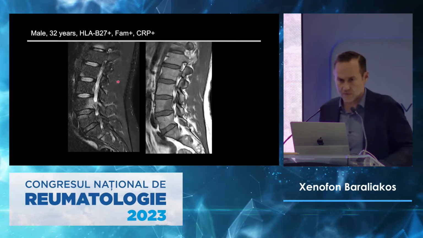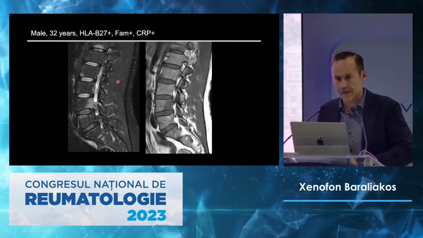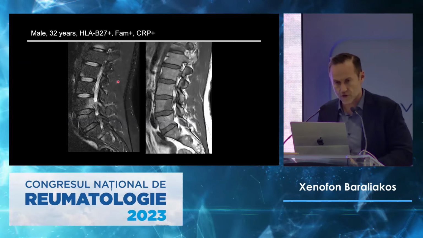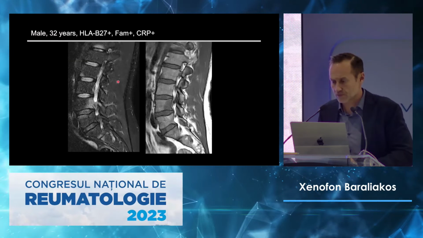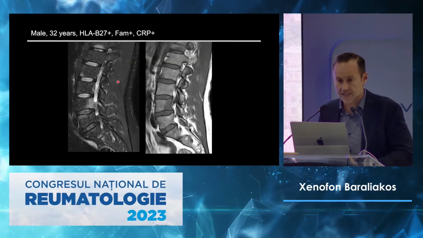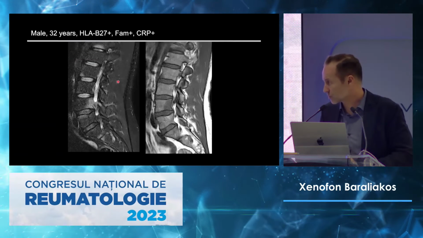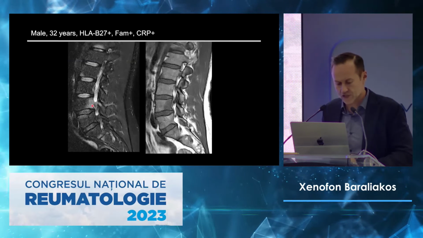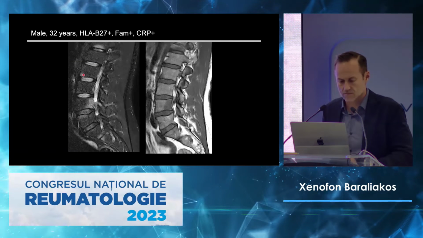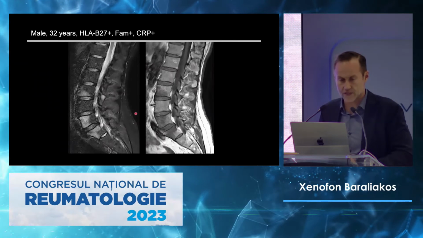Now let's come to an end of that part. Here you have a male patient, 32 years old, HLA-B27 positive, and CRP positive. And the father has ankylosing spondylitis. And you find these lesions. Or you find these lesions.